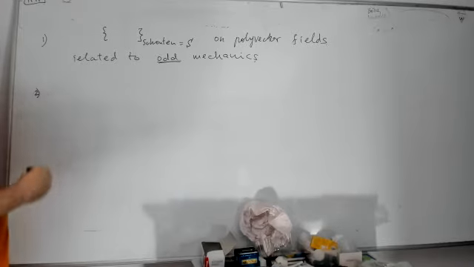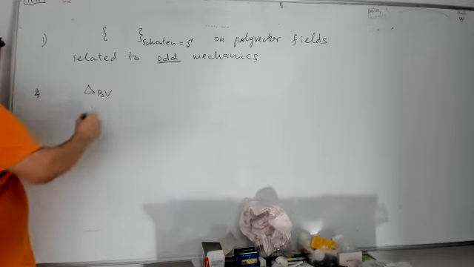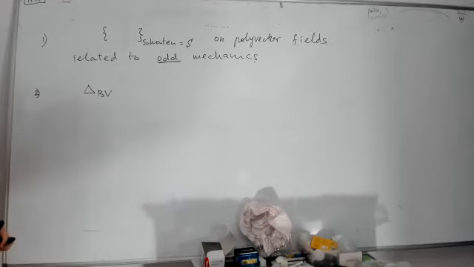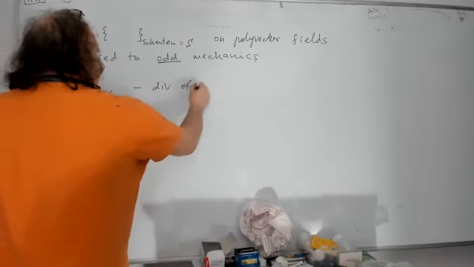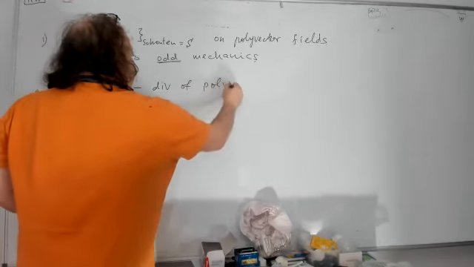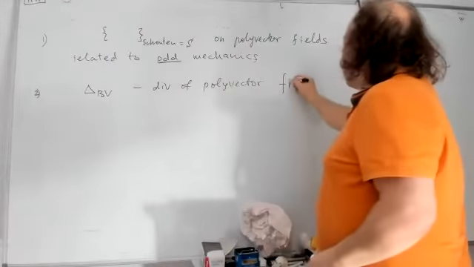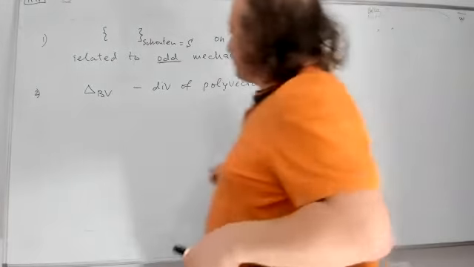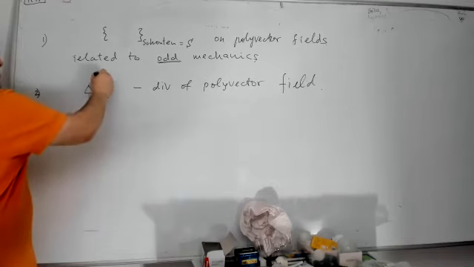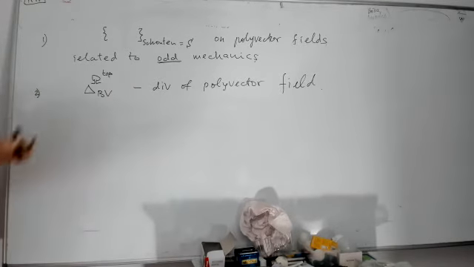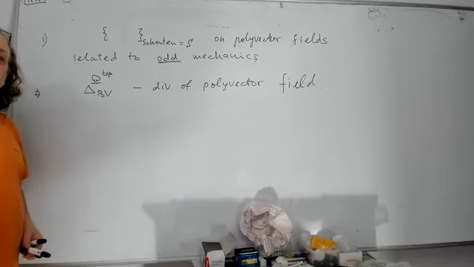The second thing is we discussed the meaning of the BV Laplacian. The BV Laplacian was nothing like the divergence of a polyvector field, and that's why it depends on the top form. You see, because of this dependence on the top form, it was missed in the 50s.